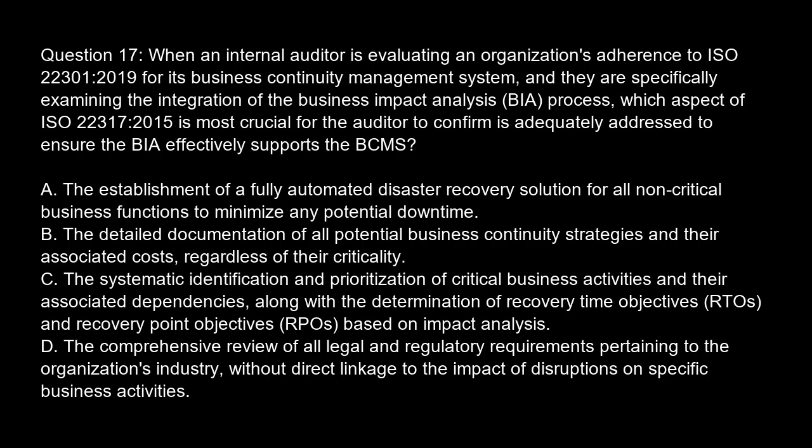Option C. The systematic identification and prioritization of critical business activities and their associated dependencies, along with the determination of recovery time objectives, RTO, and recovery point objectives, RPO, based on impact analysis. Option D. The comprehensive review of all legal and regulatory requirements pertaining to the organization's industry, without direct linkage to the impact of disruptions on specific business activities.